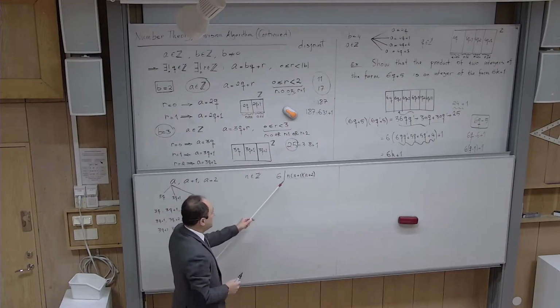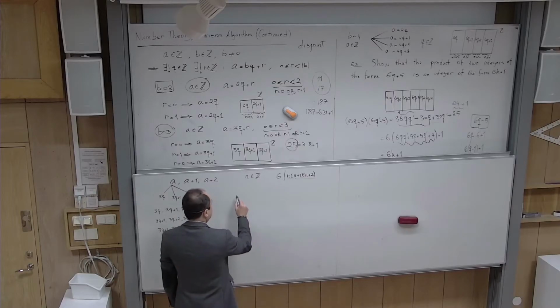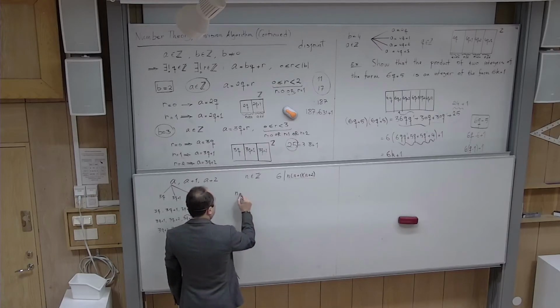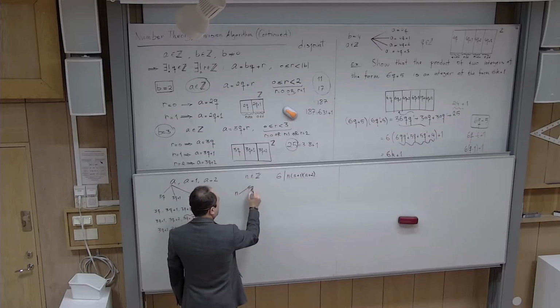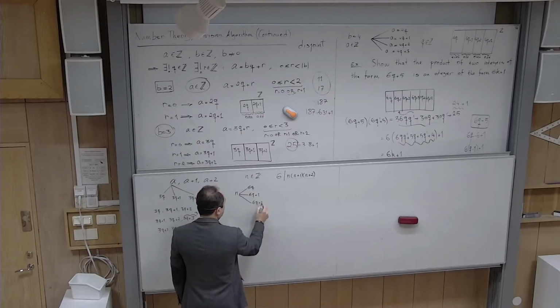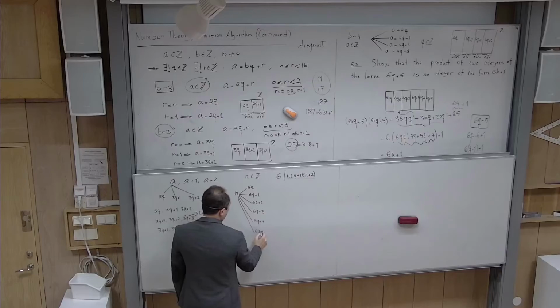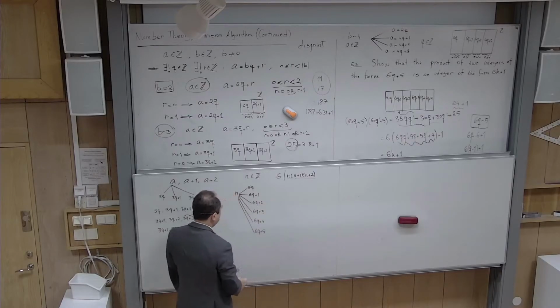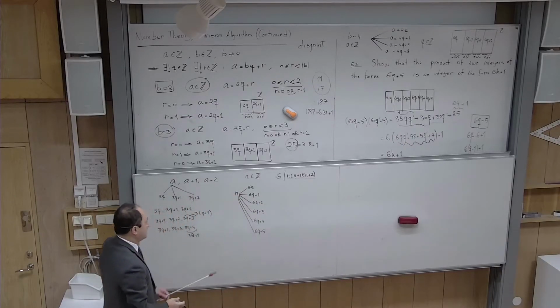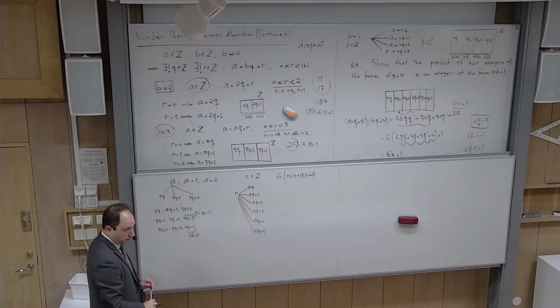So it means that this n that you see falls into one of these categories. Either it is 6q, or 6q plus 1, or 6q plus 2, or 6q plus 3, 6q plus 4, and finally 6q plus 5. Yes, I know it is actually very lengthy. It means that you need to consider 6 different scenarios. But what is the meaning of this?